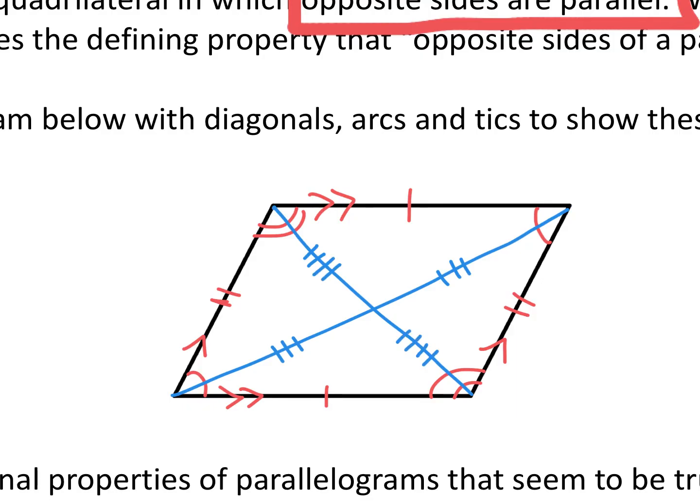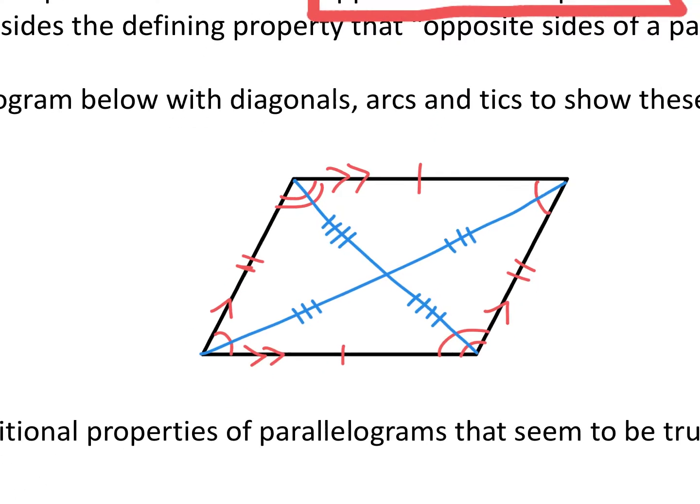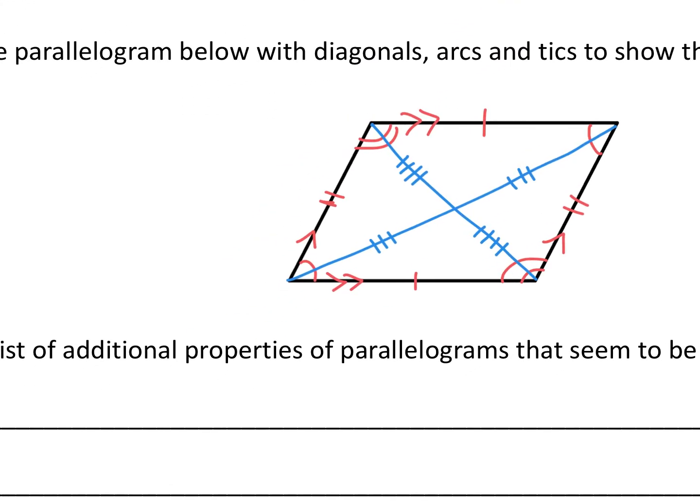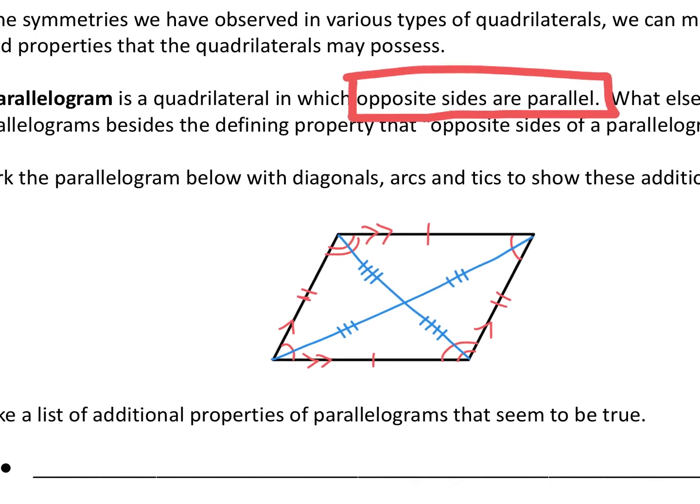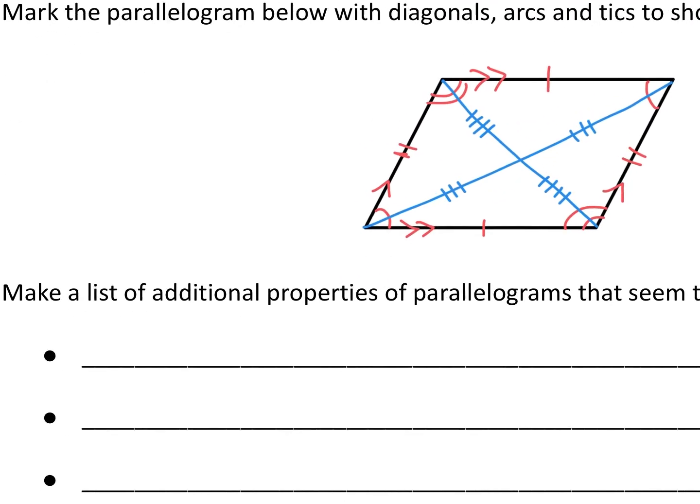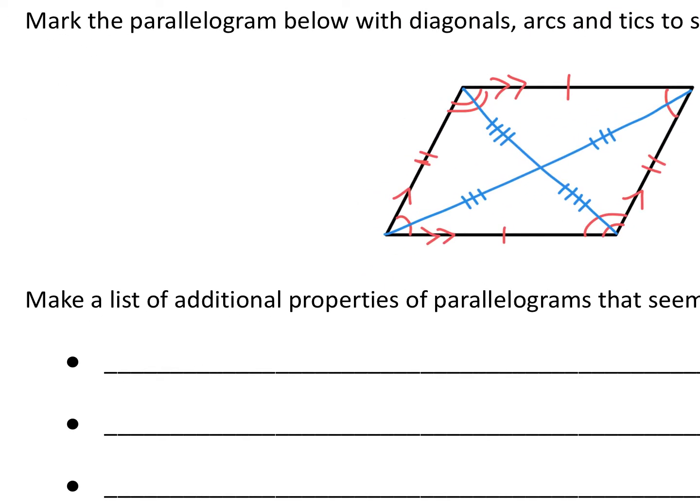Okay, so let's make a list of all of our properties for a parallelogram. So our first property that we're going to list is the opposite sides are parallel. And that we already know based on the name, right? But let's record it.